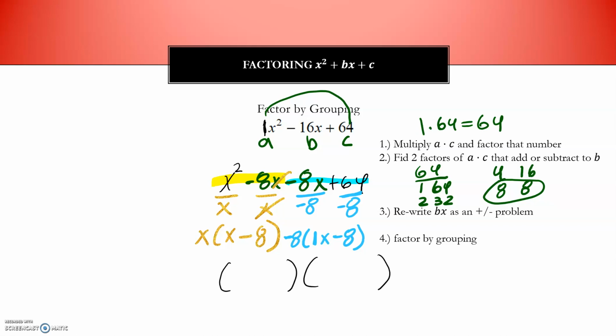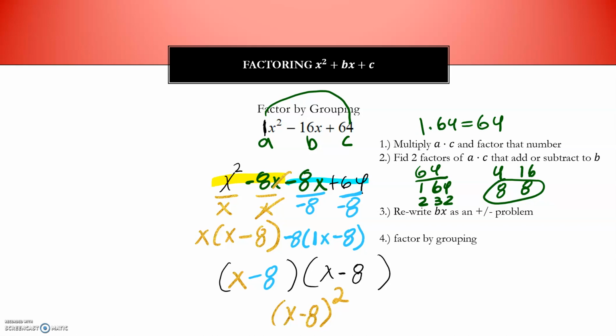So I'm going to take my two GCFs just like I did last time, x and negative 8, and then x and negative 8 again. Now, there is another way to write this. If you come across something that's identical, you can call it x minus 8, and we would say that is x minus 8 quantity squared.